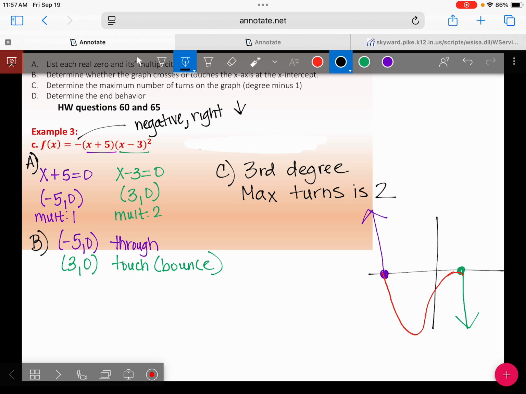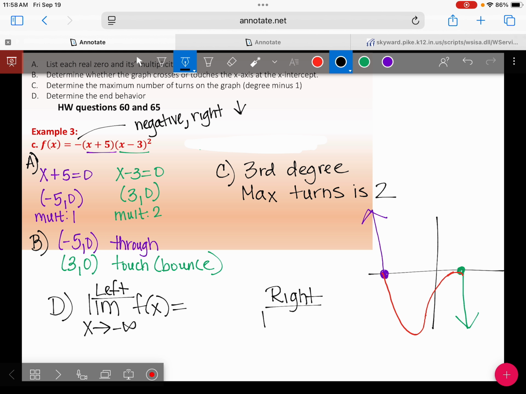All right, let's go ahead and do our end behavior. So this is odd, so we have to separate it. So left side, the limit as x approaches -infinity of f of x. And then the right side, the limit as x approaches +infinity of f of x.